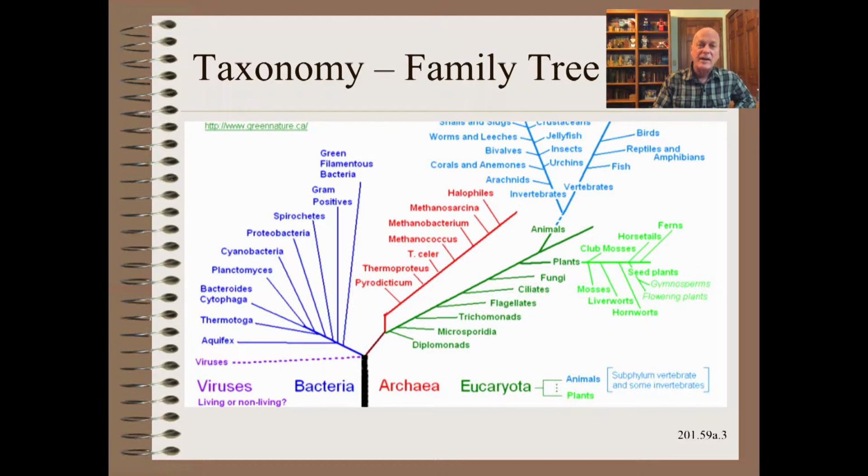Further subdividing put jellyfishes and whales in the same group, and bats and birds in the same group. Carolus Linnaeus changed all of that in the 1700s, and modern DNA analysis changed that again.